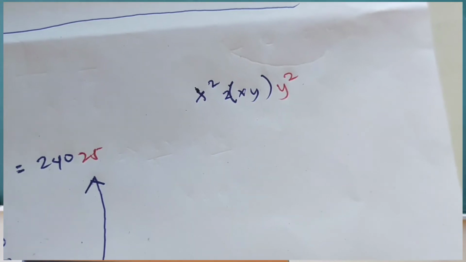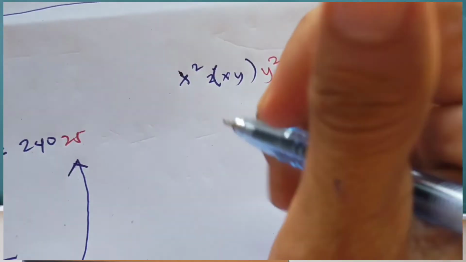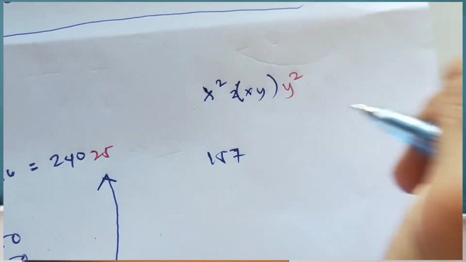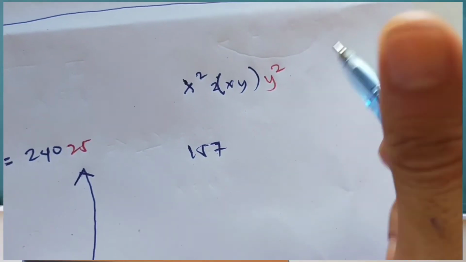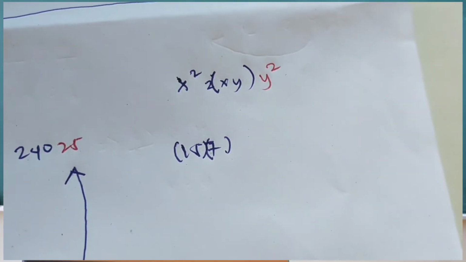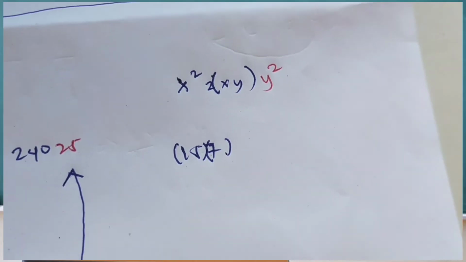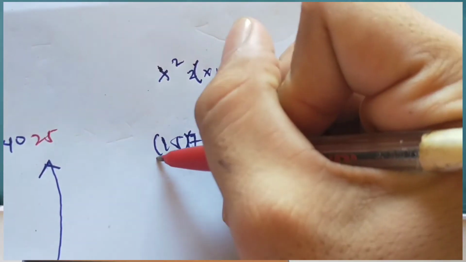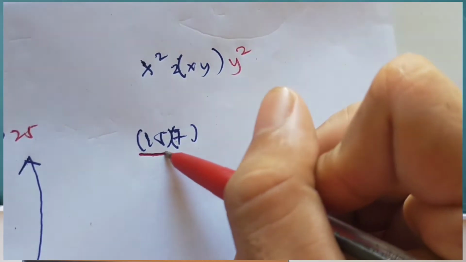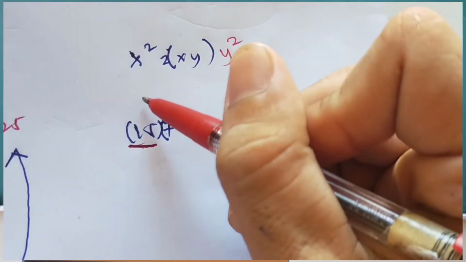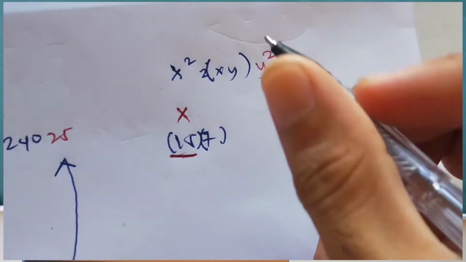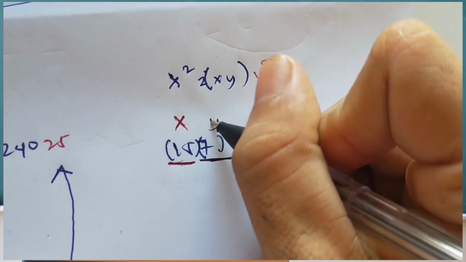Let's see, for example, we have 157. So let us divide this into two terms. So this 15, that will be the number that contains 5, or with the end of 5. So we are going to combine that, and that will be our x. Okay? So this 7, that will be our y.